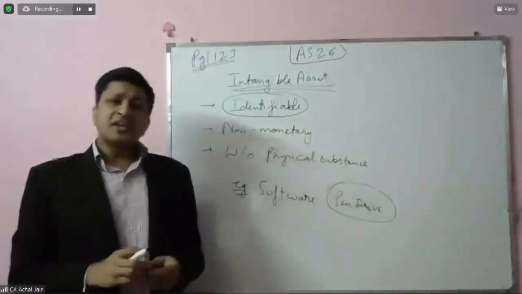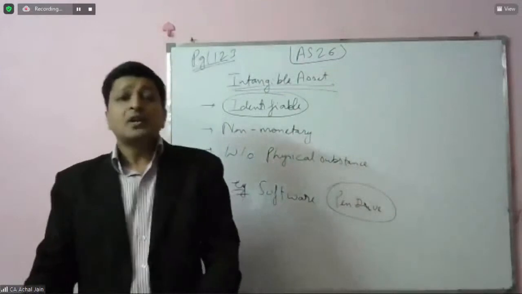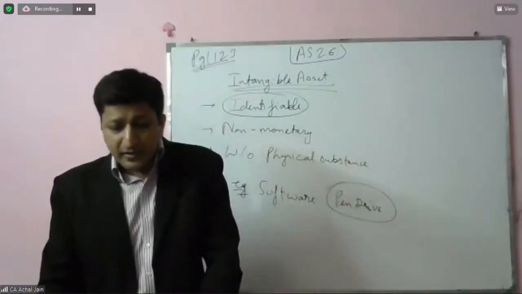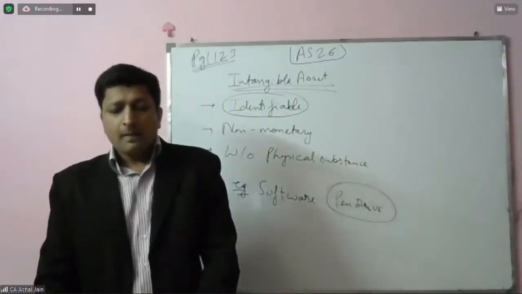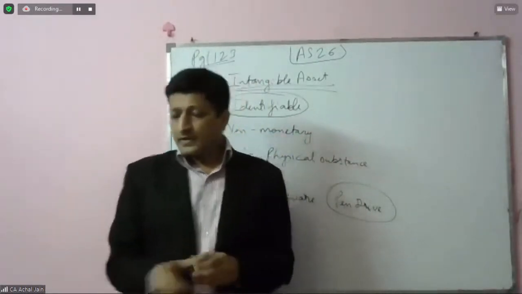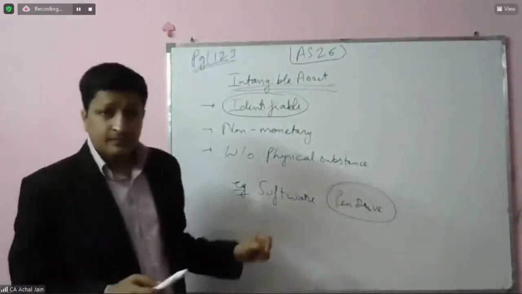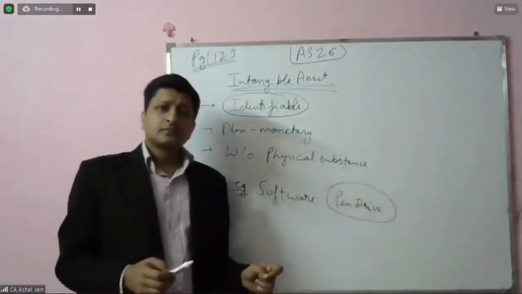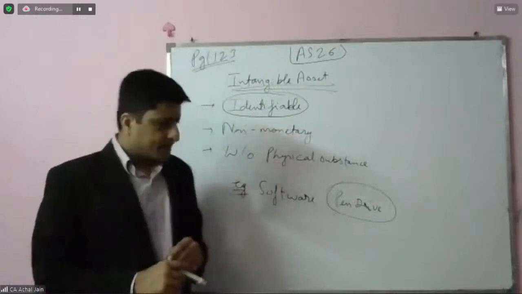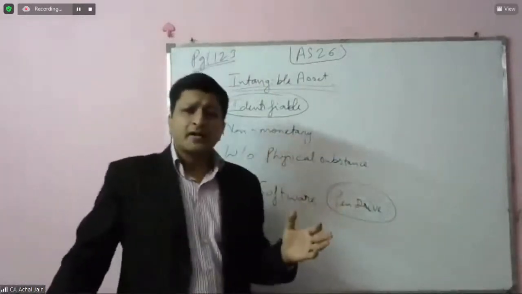Okay, so let's take an example to understand the meaning of identifiability. Say, for example, if we are talking about software, so we have a software. Can we sell it to a third party?